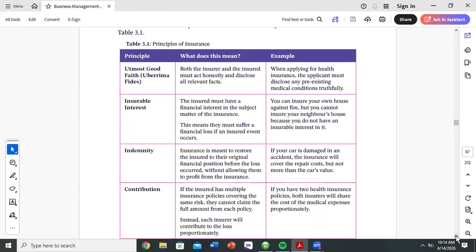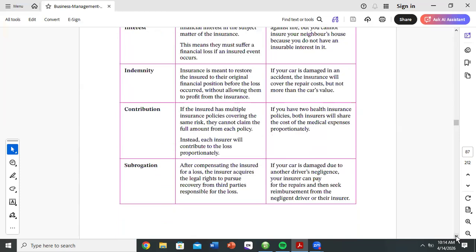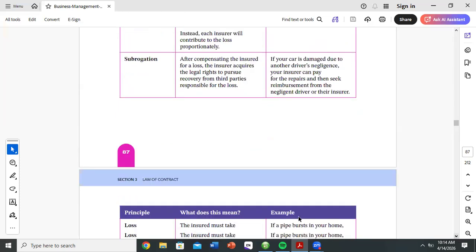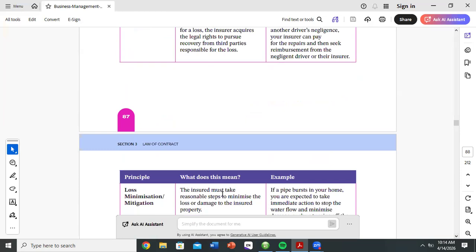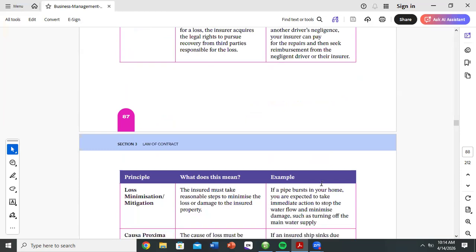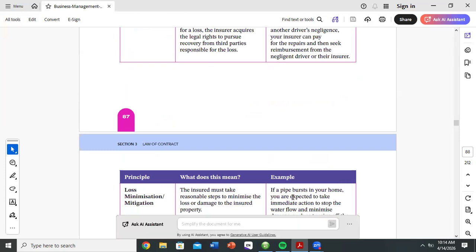I think your manual has another one, which is loss minimization or mitigation, and it says that principle expects that the insured at least will take reasonable steps to minimize the loss or damage.